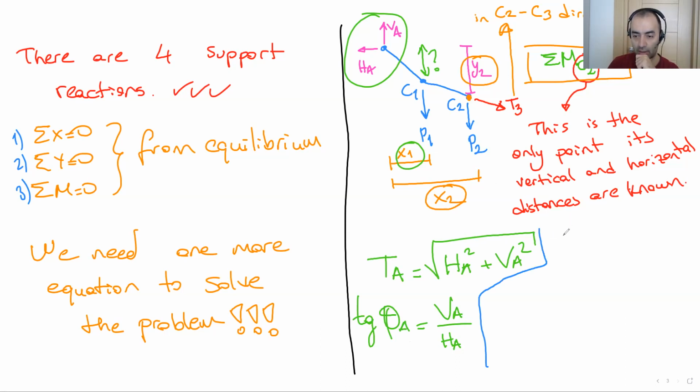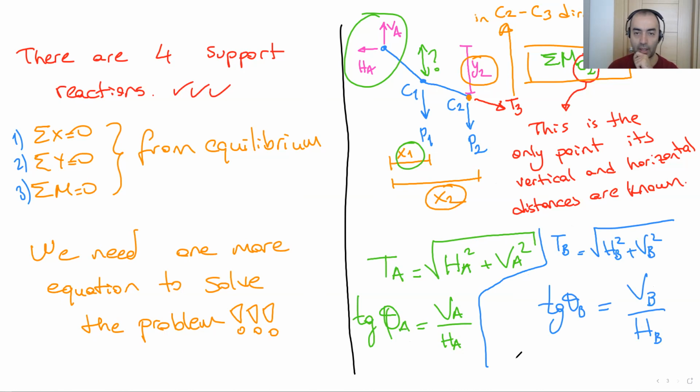Right-hand side, TB equals HB square plus VB square. So tangent theta B equals VB over HB. From here, you can get the support reactions and directions.